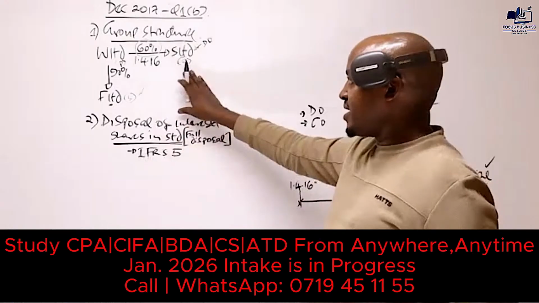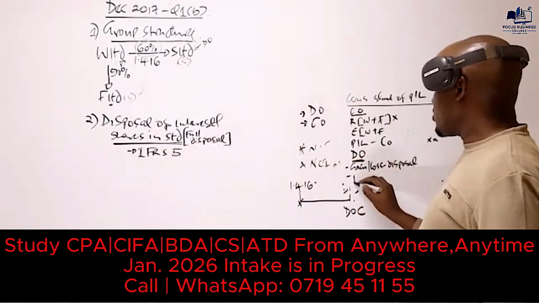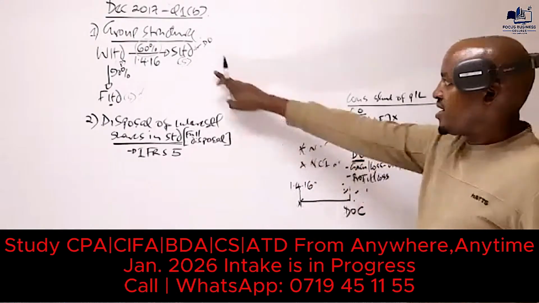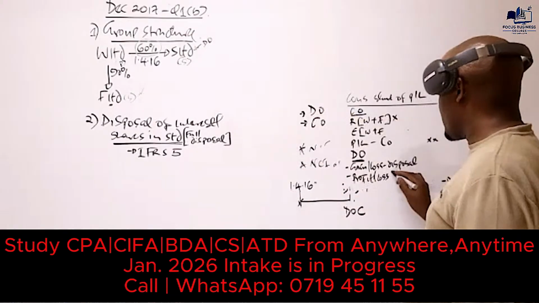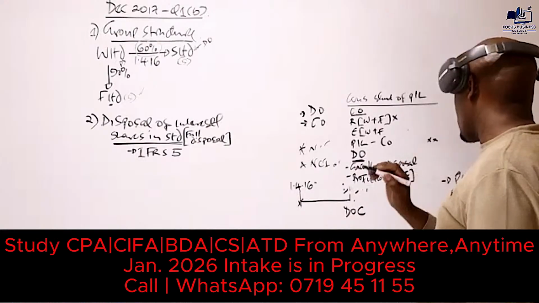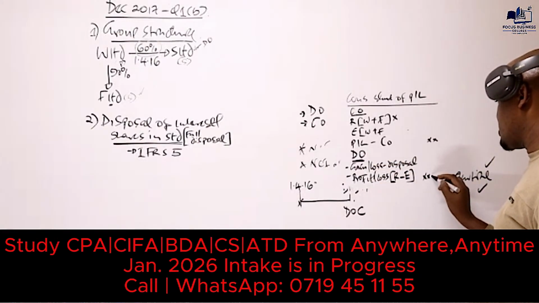So the parent company had 60% shareholding in S for the whole year. So what we will do, we will compute the profit or loss of this subsidiary. That one will be computed by taking its revenue for the whole year minus expenses for the whole year. If we get a positive figure it is a profit, if we get a negative figure it is a loss.